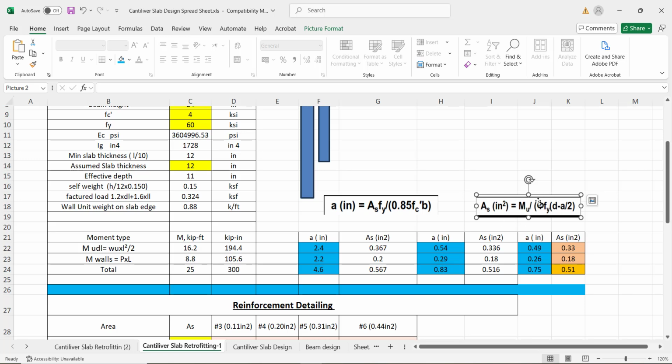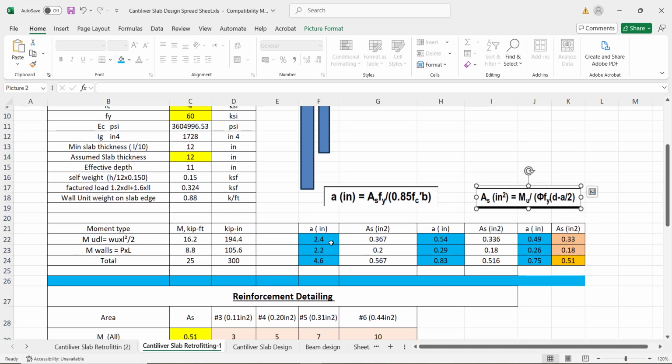The factored moment divided by phi Fy into d minus A by 2. This formula involves trial and error calculations. A is this, and the area is this one.